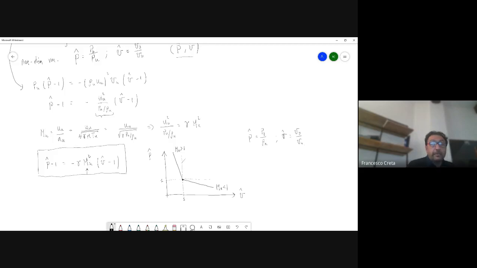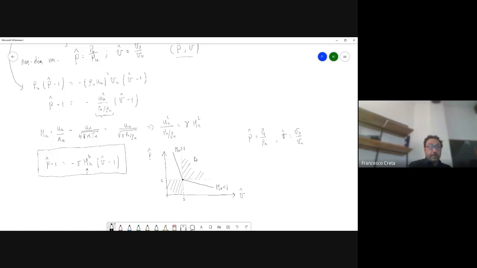So the bottom line is this area here is really forbidden, and this area here too. Why? Because if the line went through the forbidden area, the slope would be positive.